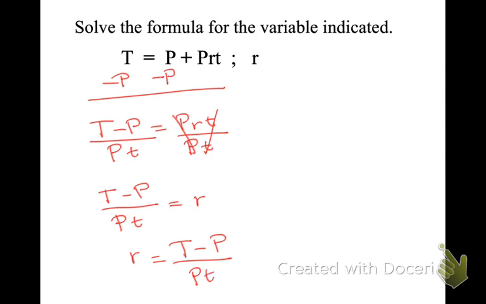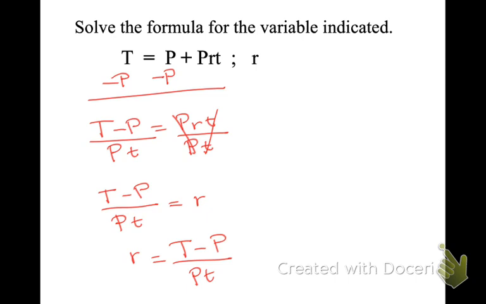Now, why I said don't cancel: you can't just cancel the P's and you can't cancel the T's, because the big T stands for total and the little t stands for time. And you can't take a piece of a binomial, and this is a binomial, two terms. So we can't take just that P out right here.